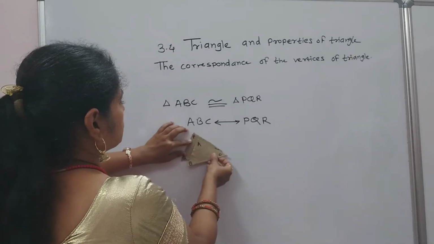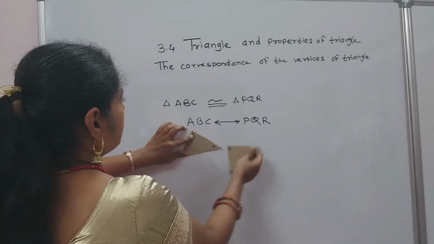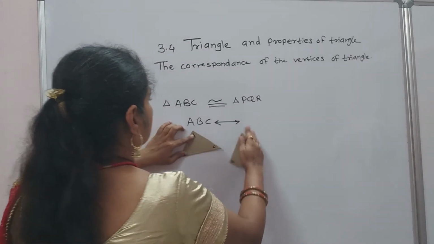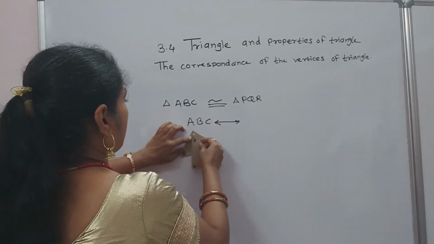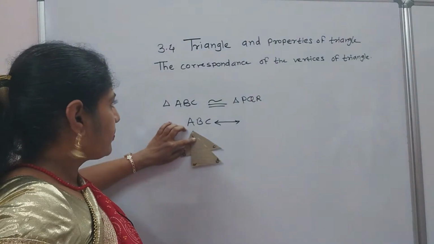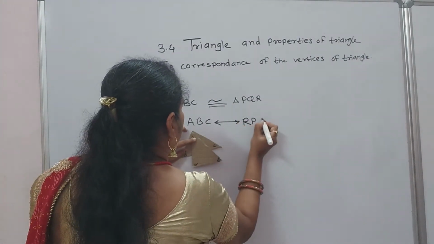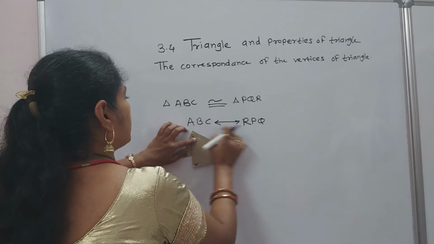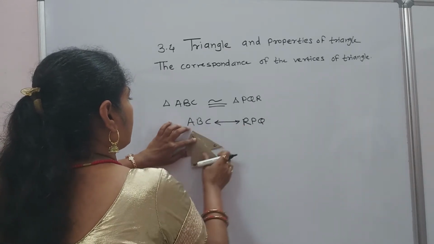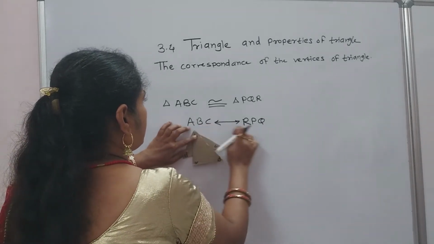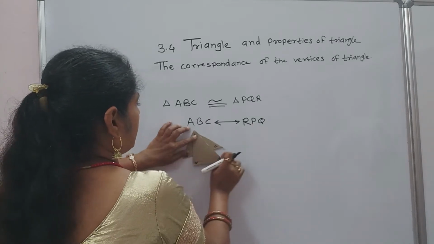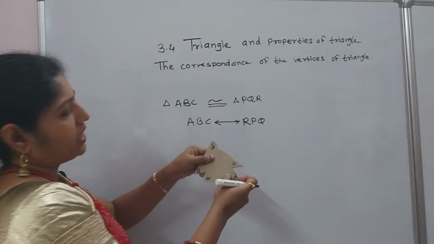Now I change the correspondence. I take ABC and change this correspondence. I take A and R, R, P, Q. I take this correspondence: A and R, B and P, and C and Q. Look at this.